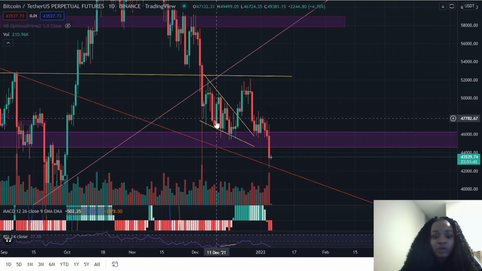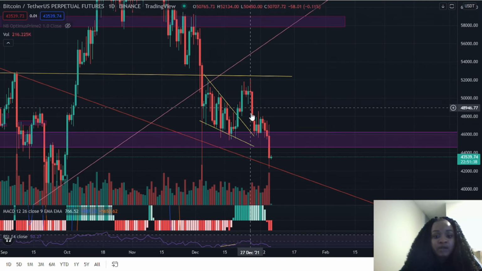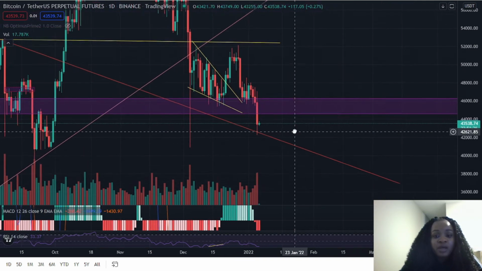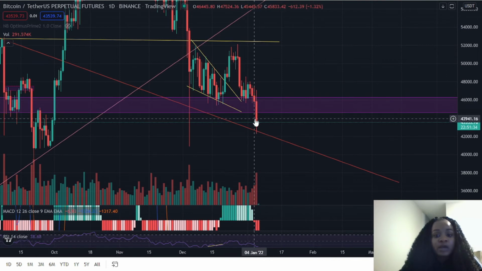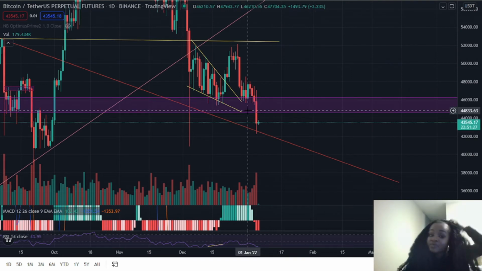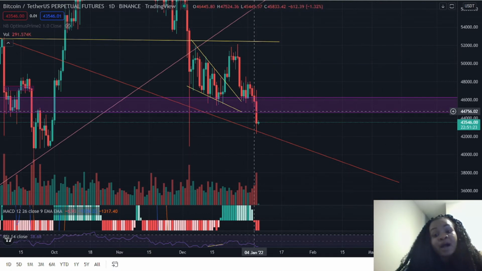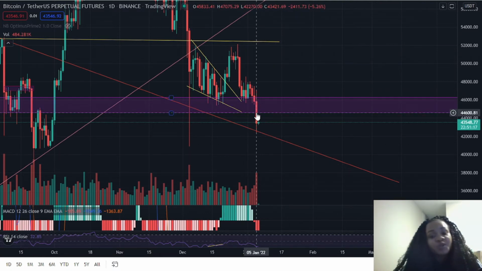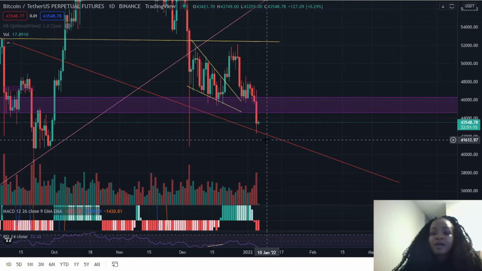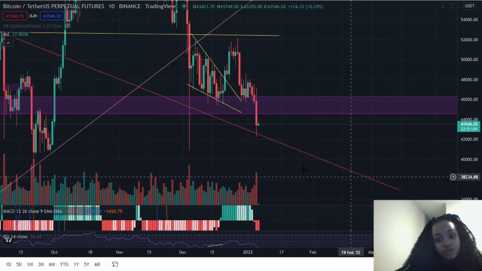You can see here that whenever the price came to this box here, it just kept bouncing back from it, until finally this candle here actually broke that box. So now we're below this box. So this is not a good sign. Whenever a candle or the price breaks a support level, then the price is expected to go down further, unless it is a false breakout.